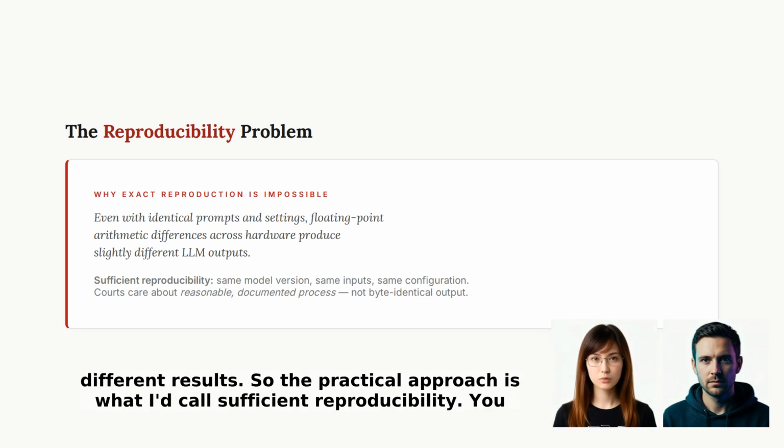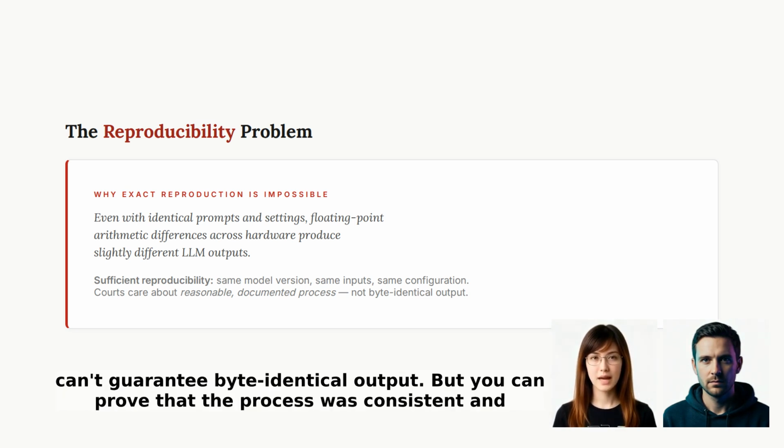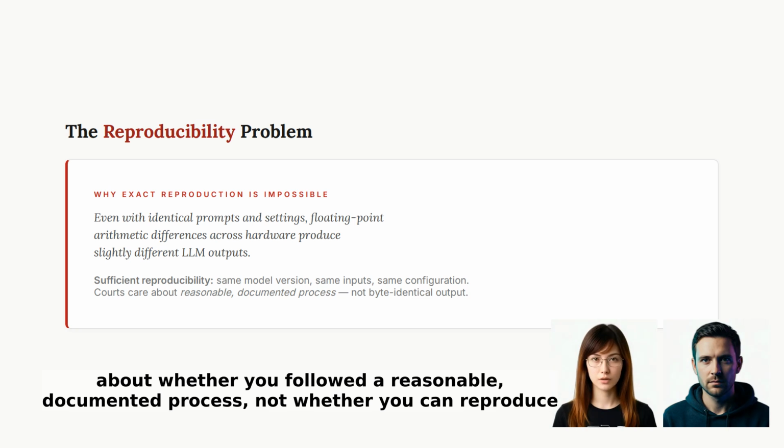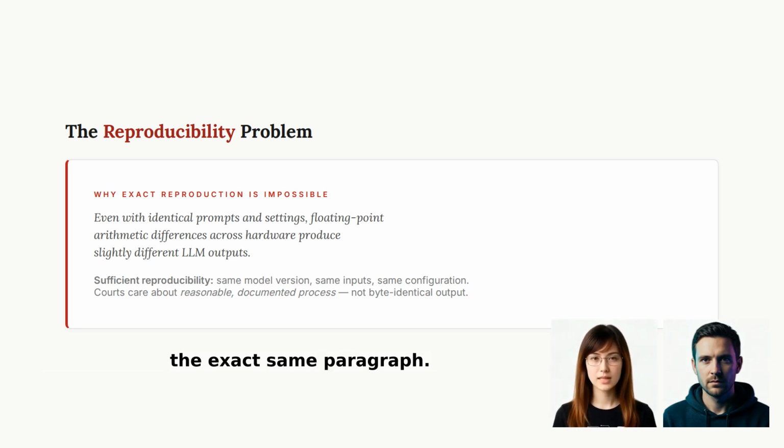So the practical approach is what I'd call sufficient reproducibility. You can't guarantee byte identical output, but you can prove that the process was consistent and documented. Same model version, same inputs, same configuration. Courts and regulators care about whether you followed a reasonable documented process, not whether you can reproduce the exact same paragraph.